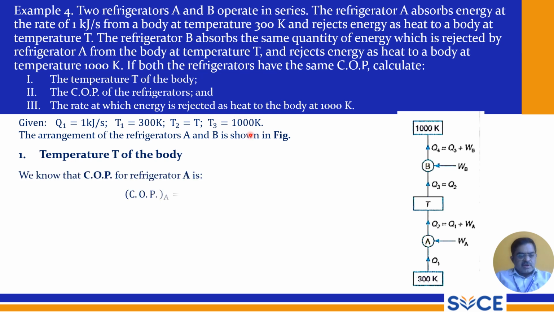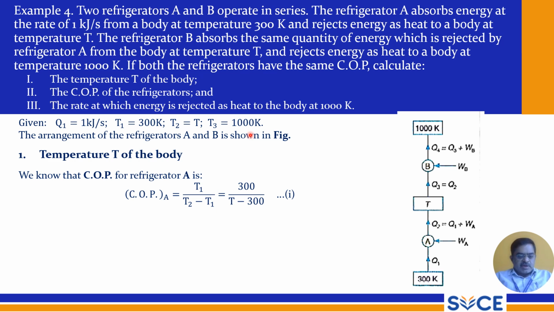The COP of refrigerator A is T1 divided by T2 minus T1, so that is 300 divided by T minus 300, as T2 equal to T. So COP is unknown and T is also unknown.